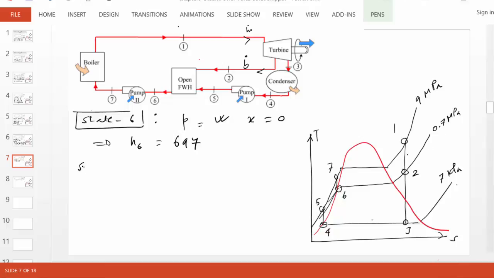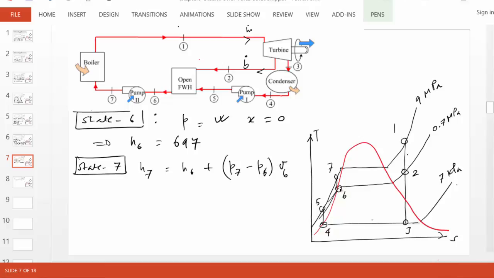Again, state 7 is an isentropic state of a compressed liquid. So just going back to what we have done before, we can use that formula. H7 will be H6 plus (P7 minus P6) times V at 6.